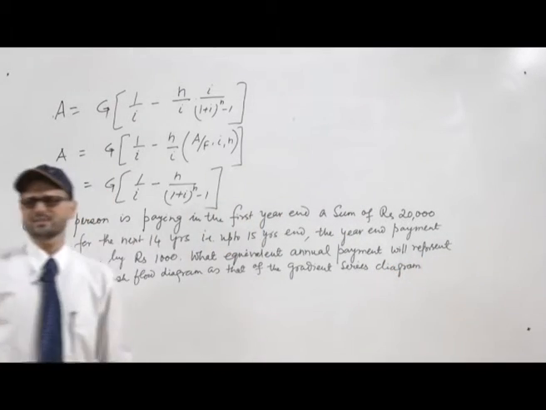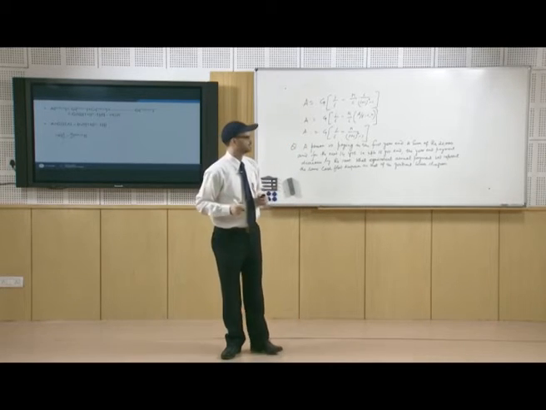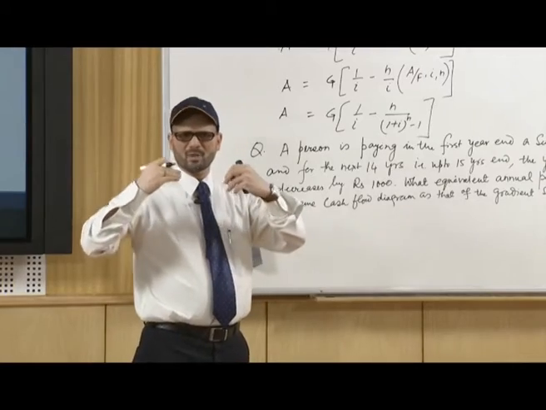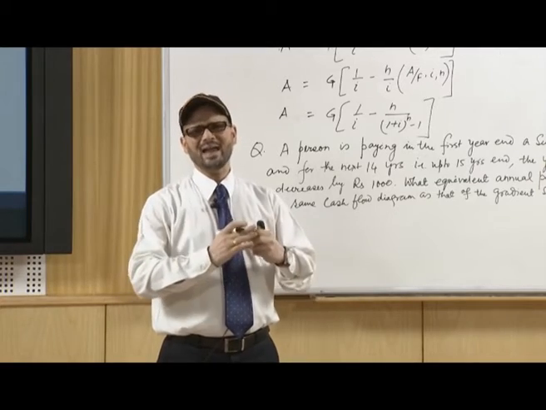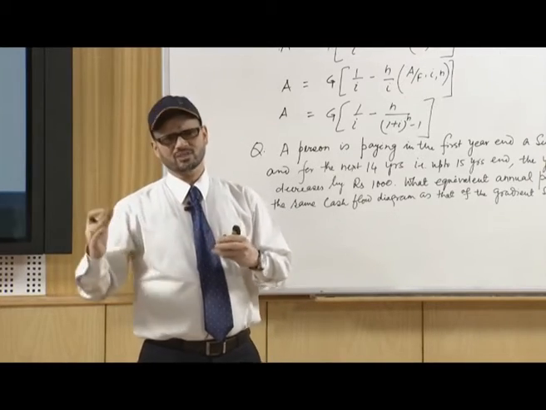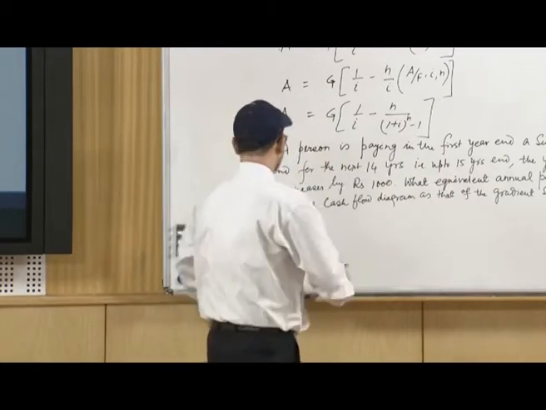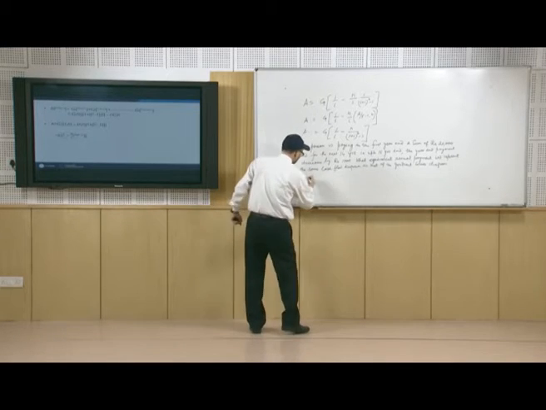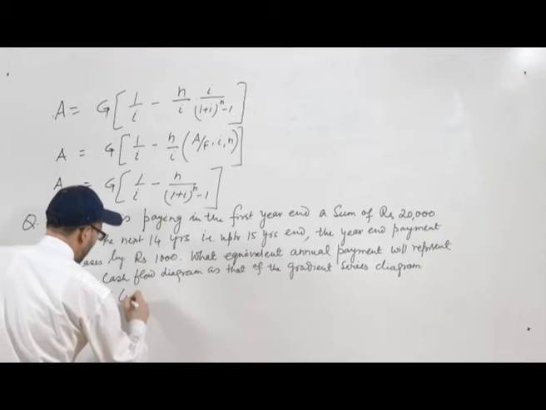Now, let us see, because many a times we deal with certain situations where the person has paid certain amount in the first year and there is a change in that amount. In this case it is decreasing. So, for this case if you look at, and also you will be given I as 15% compounded annually.